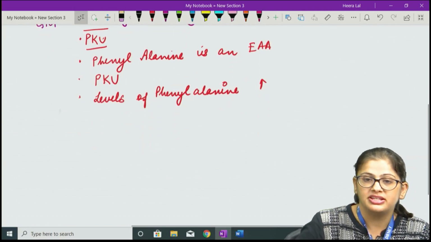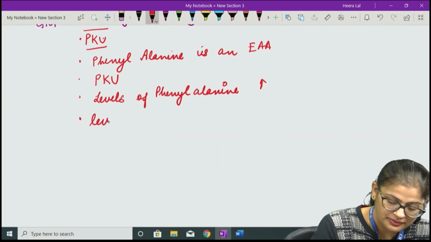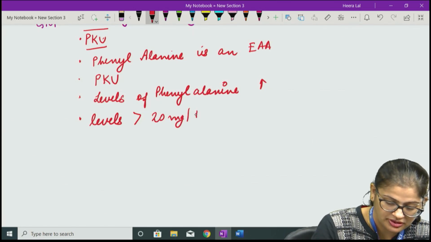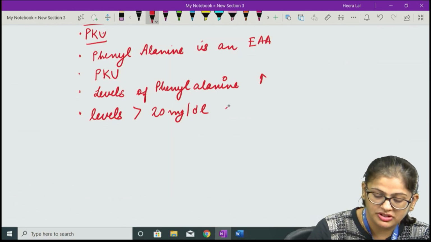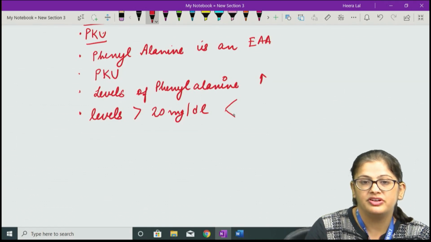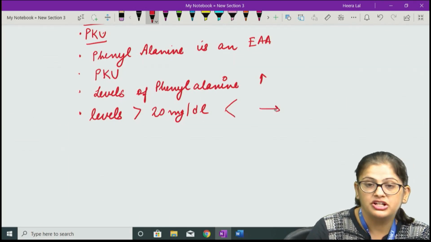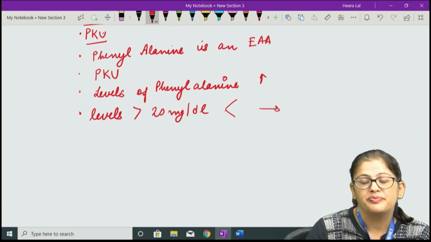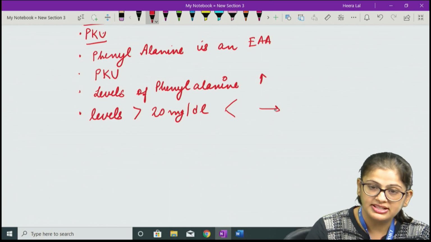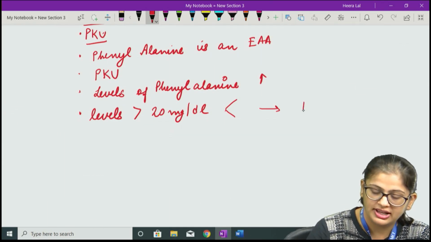And it has been seen that when the levels are more than 20 milligram per deciliter, then phenylalanine may be converted into certain ketone bodies such as phenyl pyruvate and phenyl acetate, and excretion of these metabolites into the urine results, and that is why this condition is called phenylketonuria.